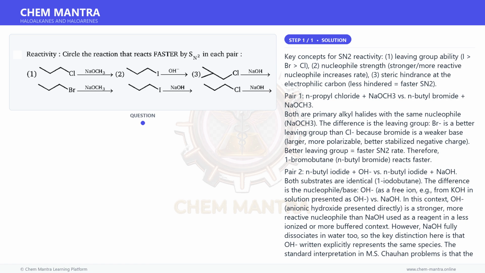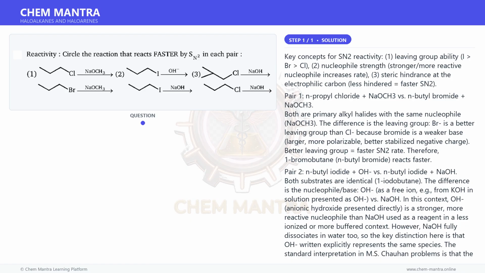Neopentyl chloride is a primary halide but has severe steric hindrance due to the three methyl groups on the beta carbon, making backside attack by the nucleophile extremely difficult. N-butyl chloride is a simple primary alkyl chloride with minimal steric hindrance. SN2 rate is greatly diminished by steric bulk, so n-butyl chloride, 1-chlorobutane, reacts much faster.